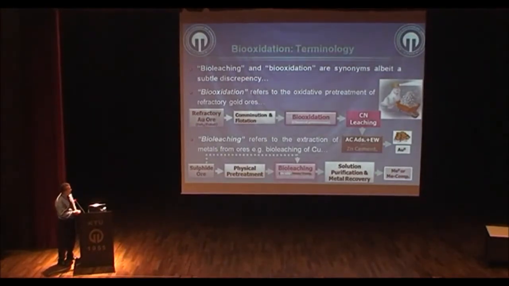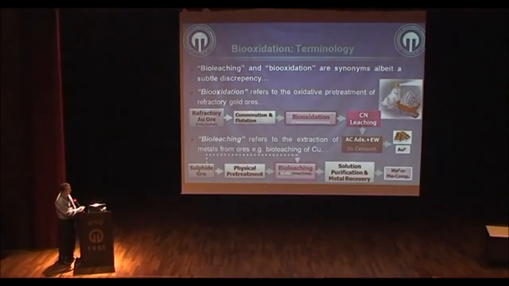Just to give some terminology, we use bio-leaching and bio-oxidation interchangeably. They are actually synonymous, but there's a subtle difference between them. Bio-oxidation often refers to the oxidative pretreatment of refractory gold ores, so it is used as a pretreatment process. On the other hand, bio-leaching refers to the extraction of metal directly from ores, concentrates, or other waste as well.